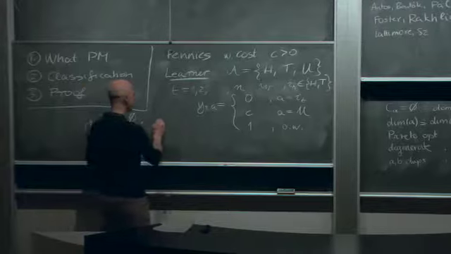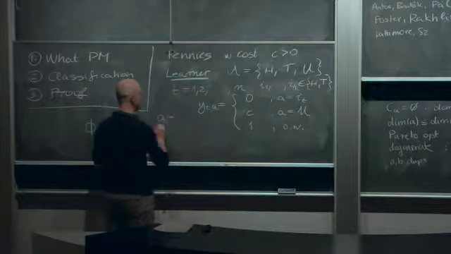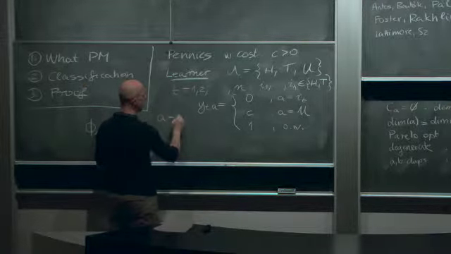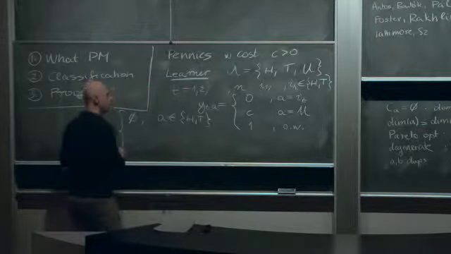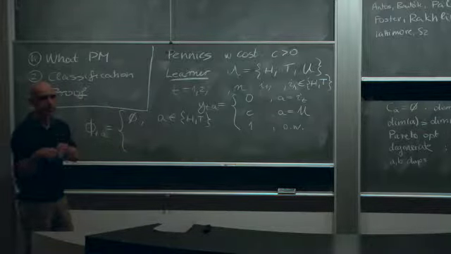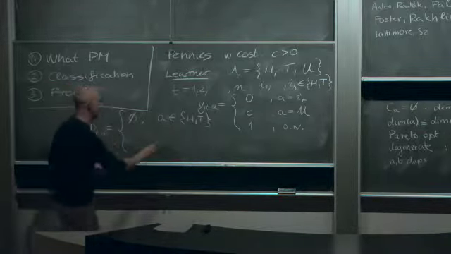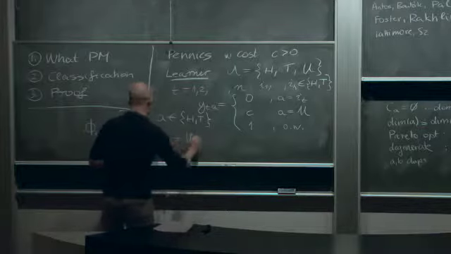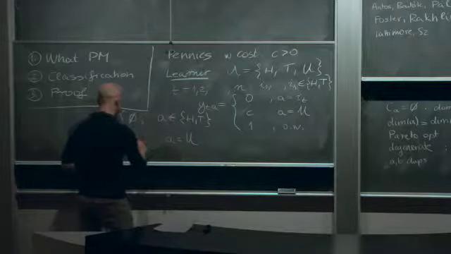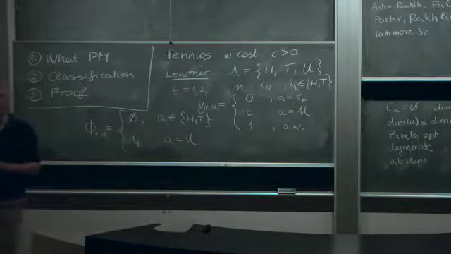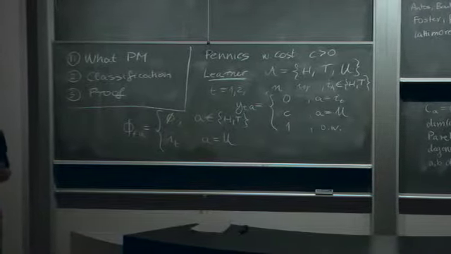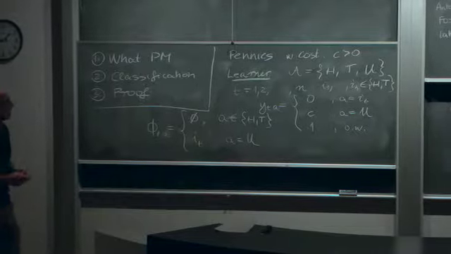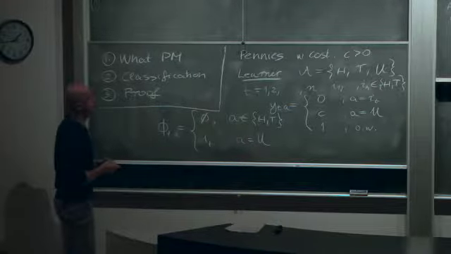If the learner happens to choose either the action head or the action tail. If the learner happens to choose the action that it's uncertain, then the learner is going to see the choice of the environment. Okay? So this is one particular feedback structure that makes the game a little bit more interesting.